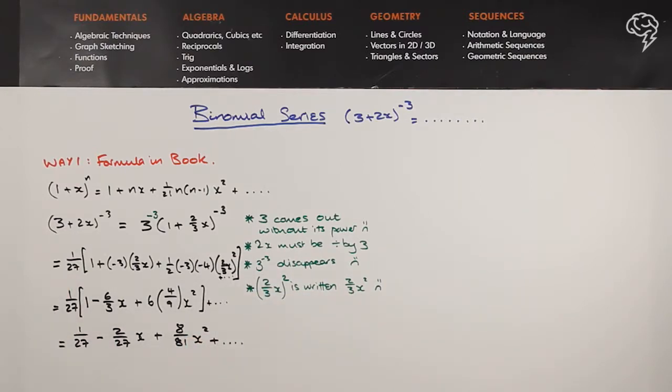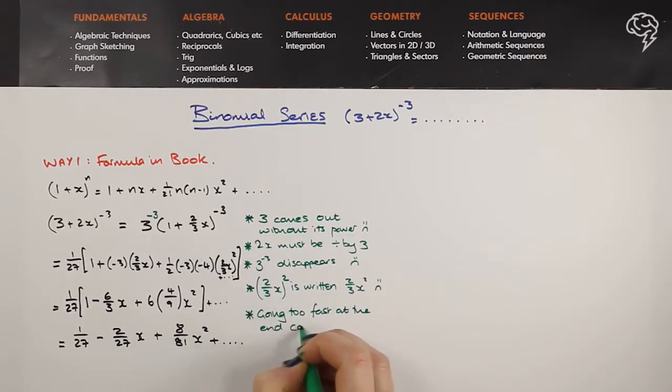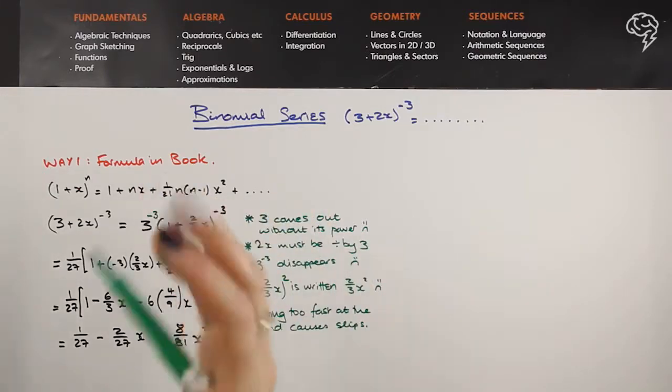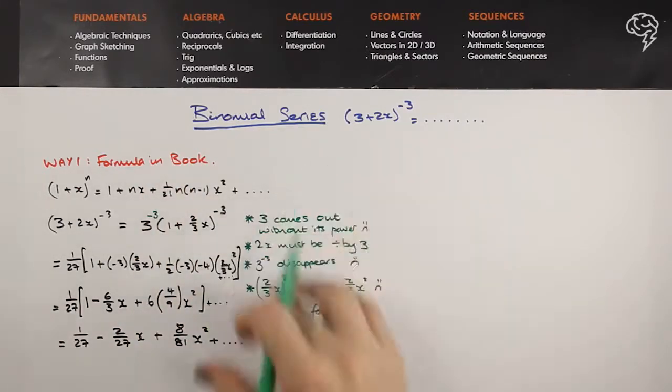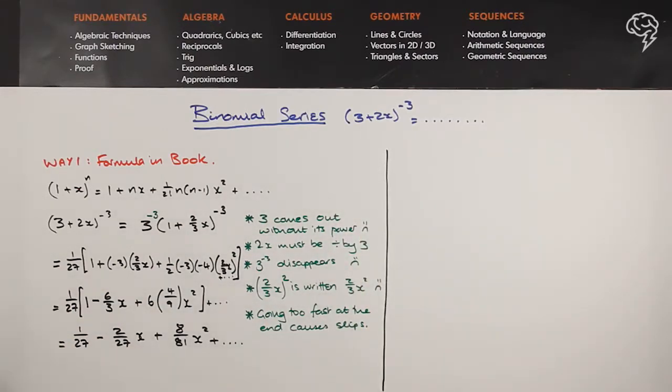Now the equals are true. So, last thing that goes wrong, going too fast at the end. Causes little slips, as always, and that goes wrong. So, an easy technique, full of potential areas for problems. Right, see what you think about this instead.